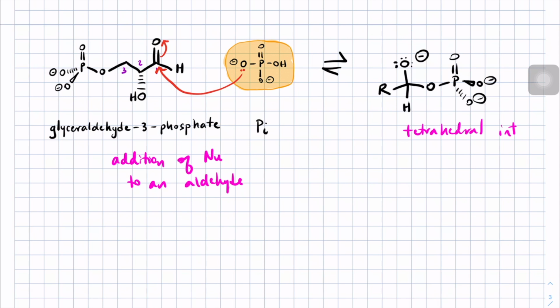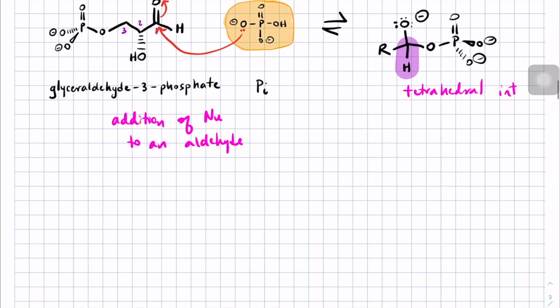And we wouldn't normally have thought of this hydride as a good leaving group because it's not, but the enzyme places this hydride very close to the nicotinamide ring of NAD+.